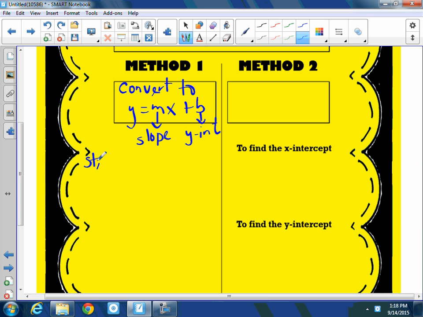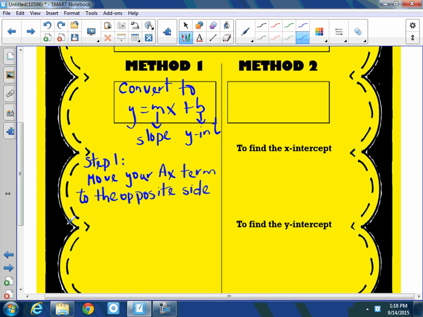So step number 1 would be to move your Ax term to the opposite side, by adding or subtracting.